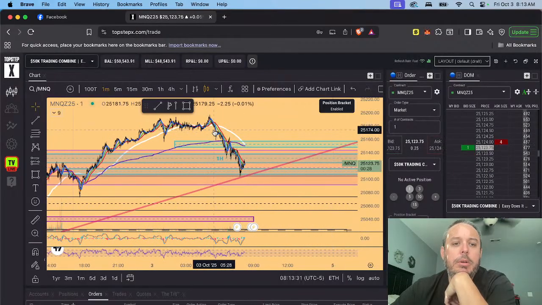Getting down here. All of this, are we going to break this structure?